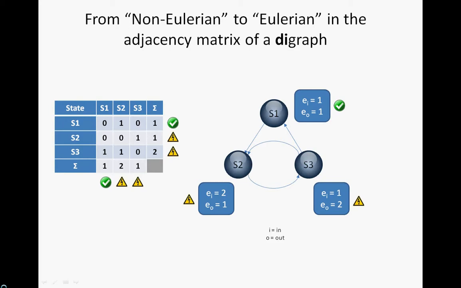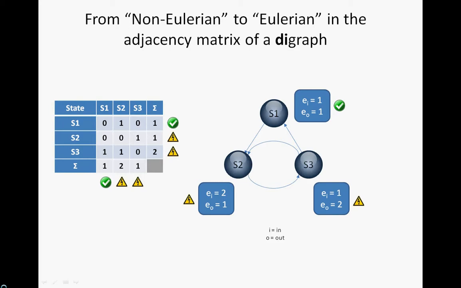Let's check the next node, S2. Here we have a different situation. S2 has two incoming edges, but only one outgoing edge. So these numbers are not equal. We have a similar situation for S3. Here we have one incoming edge and two outgoing edges.